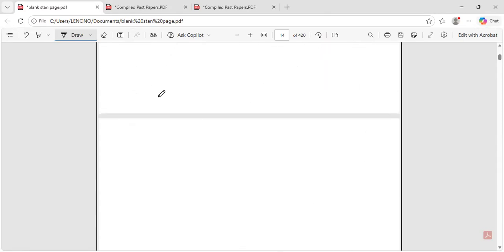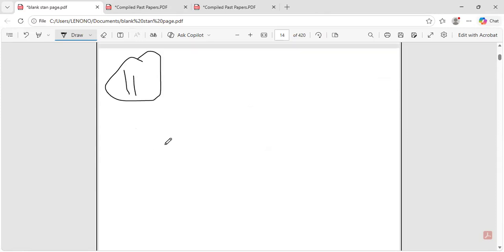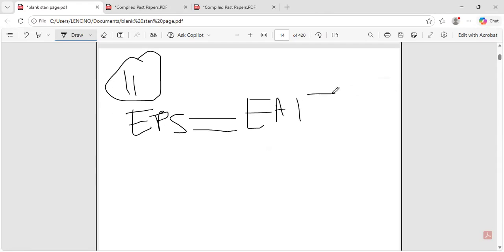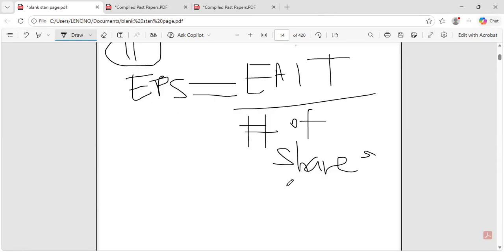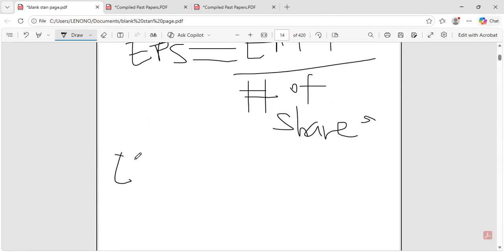And then the other one we have is earnings per share. Earnings per share, EPS, is equal to earnings after interest and tax over number of shares. You said that earnings per share is equal to what? Earnings after interest and tax, EAIT.